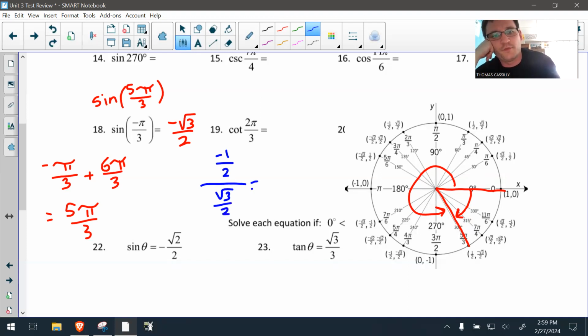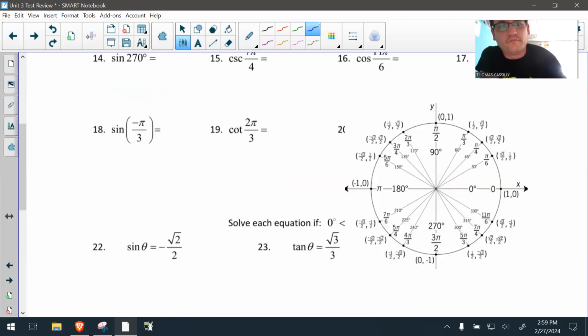Flip the bottom one upside down, multiply straight through. You're going to have negative 1 over the square root of 3. Rationalize that. You're going to have negative square root of 3 over 3. So that's number 19, your cotangent of 2 pi over 3.